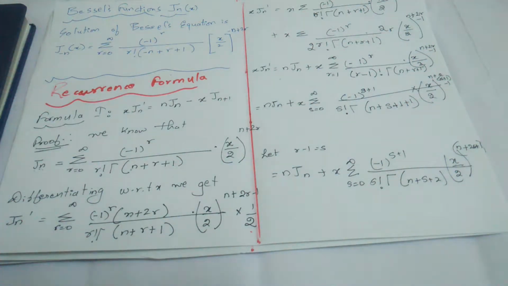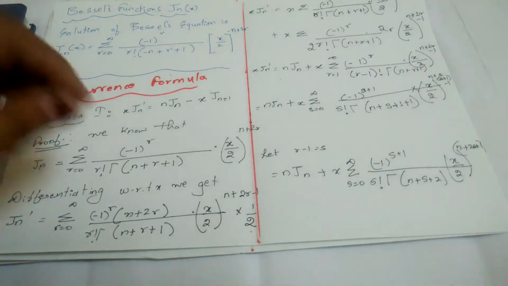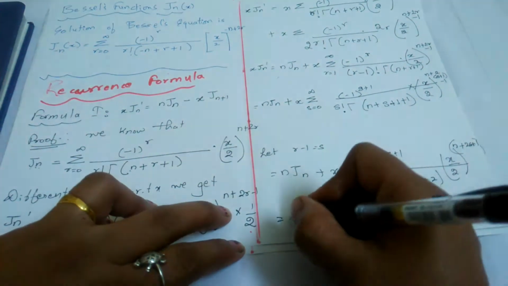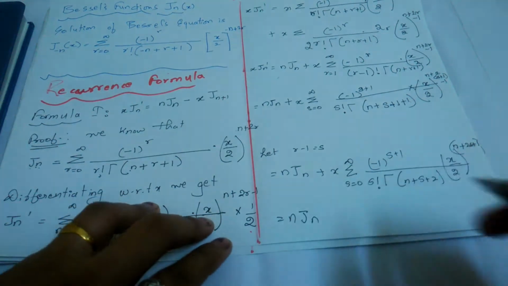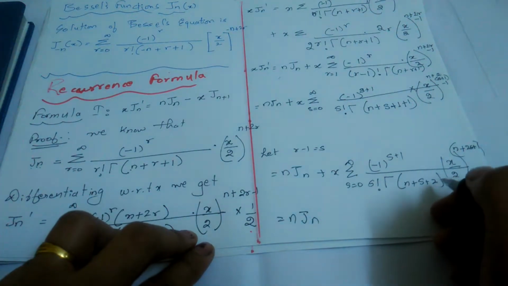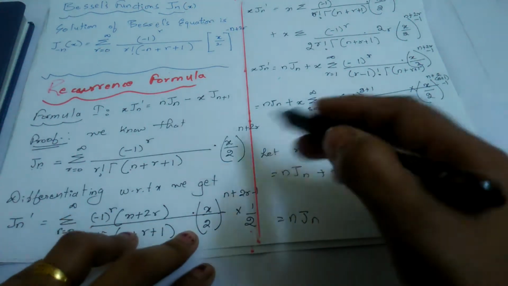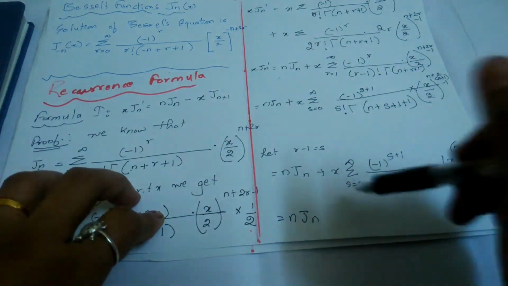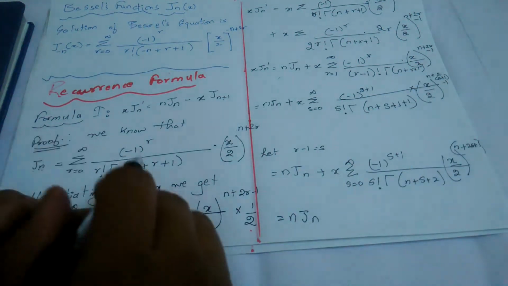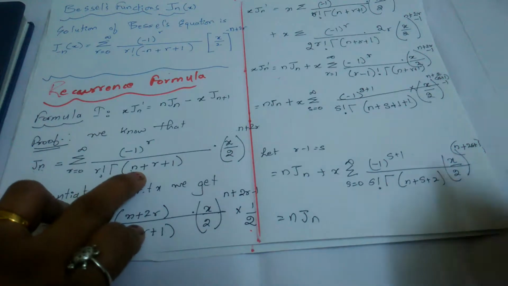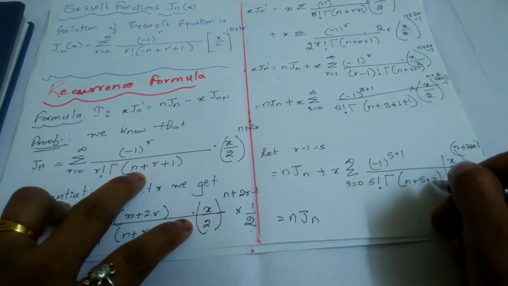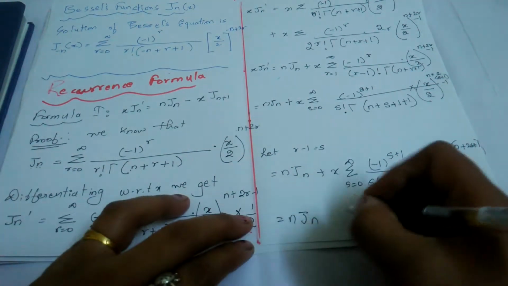Now in the next step, the last solution, that is n J_n. If you see here in this part, this equation is almost the same as this equation. So what we will do, we'll just separate these terms and see how it works out.